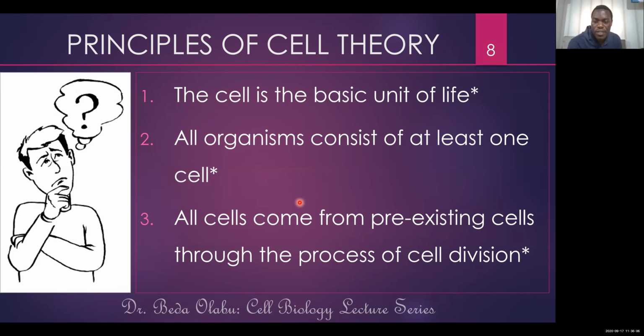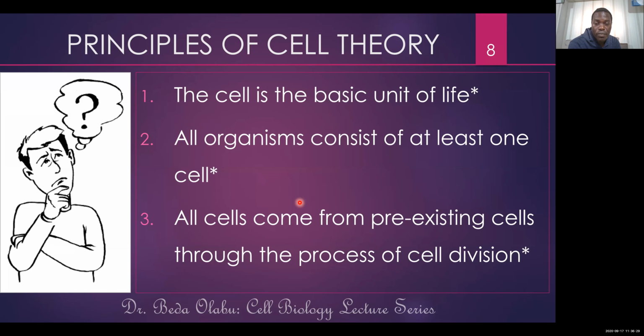For a cell to exist, it must have come from another cell through the process of cell division. And we know that's how we grow. A cell divides mitotically, then divides again, and again, you grow, you become the whole you.